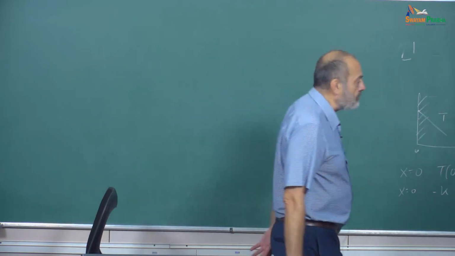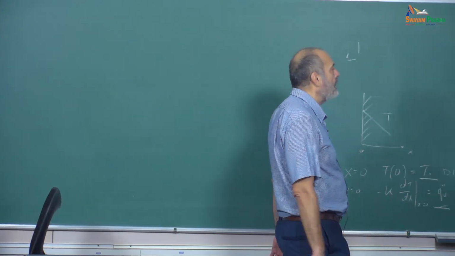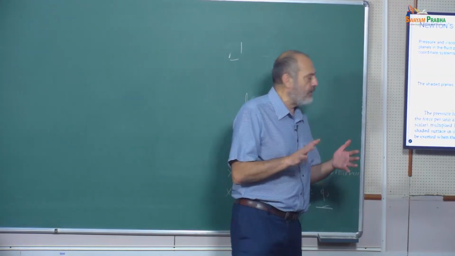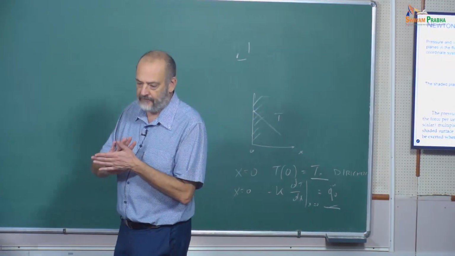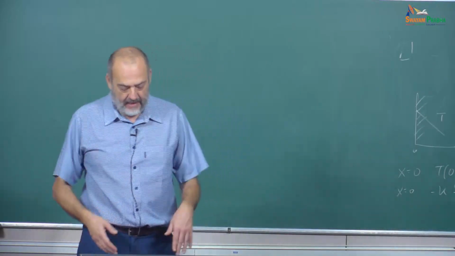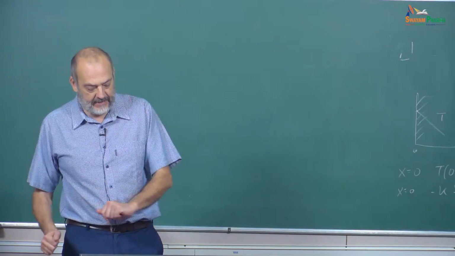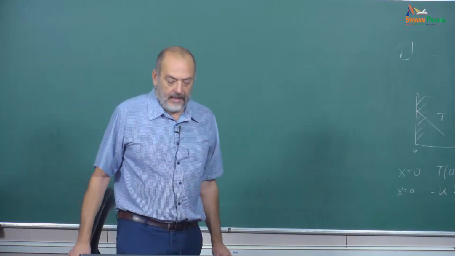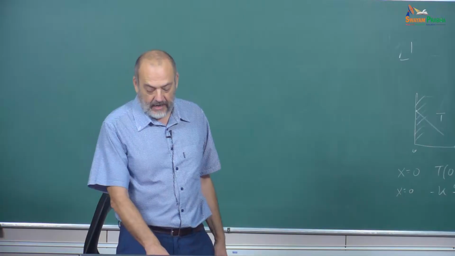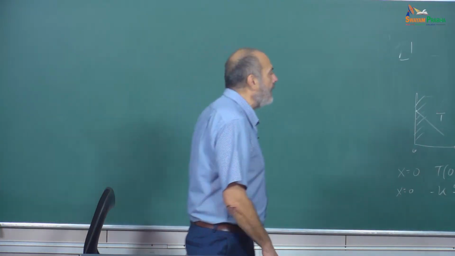Now, which is the other force? Of course, it is related to the pressure. The pressure and viscous forces are acting on the planes in the fluid perpendicular to the three coordinates, and you have here the cases A, B, and C. So the pressure force is always perpendicular. For example, here we have p delta x.